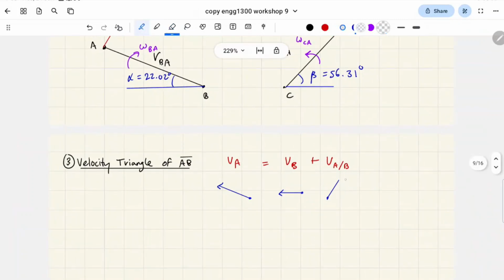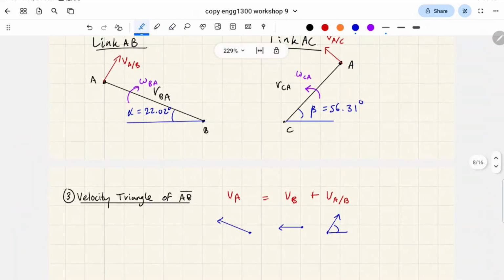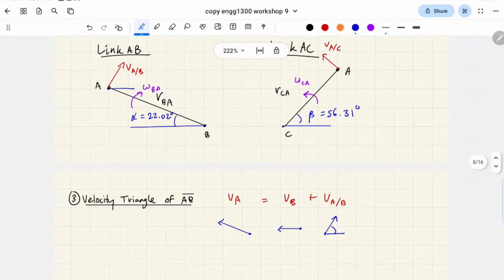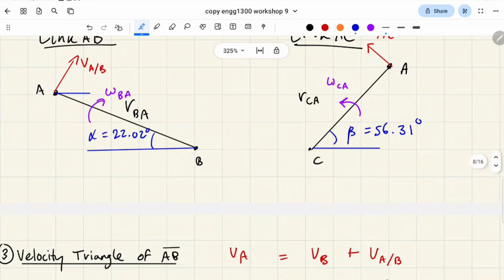Okay. And let's think about these angles, right? Because these angles are going to be a bit misleading. So that angle here, this is alpha, correct?